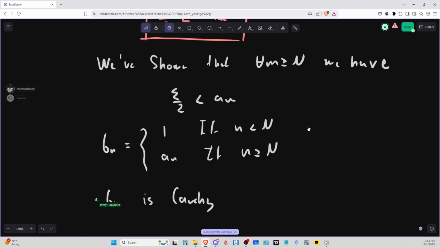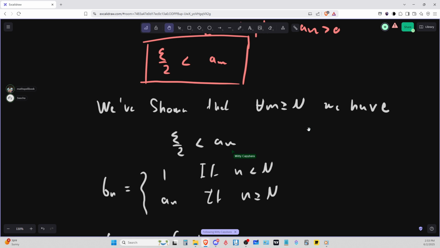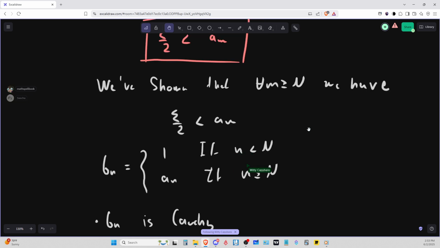Let's say BP minus BQ would have to be greater than epsilon, and like you wrote, epsilon over 2 is less than AM. So basically it's still greater than epsilon at that point.